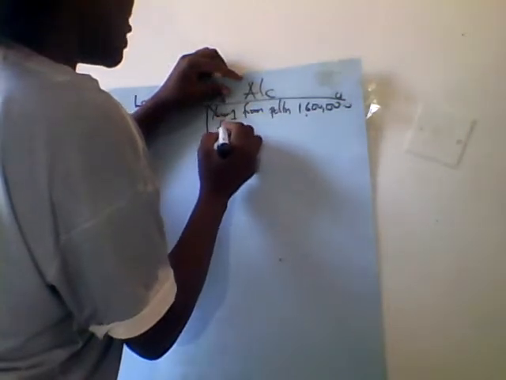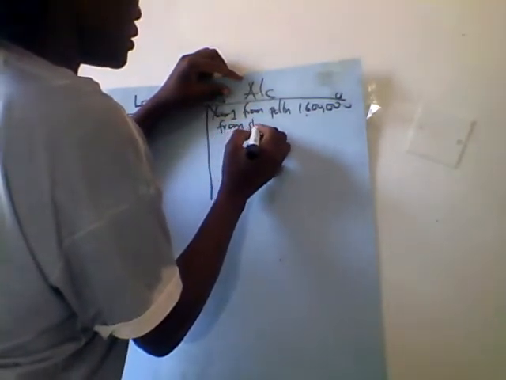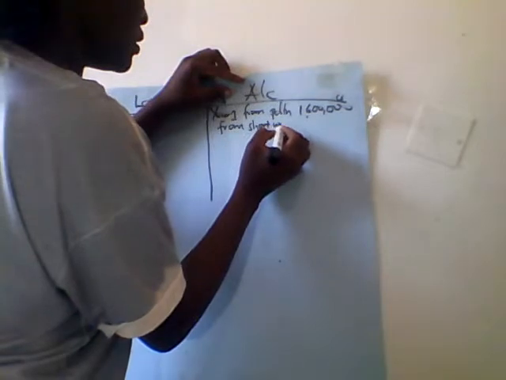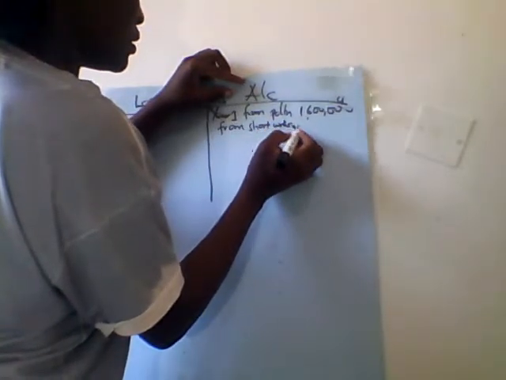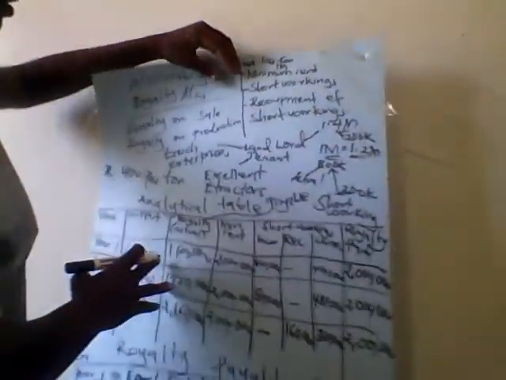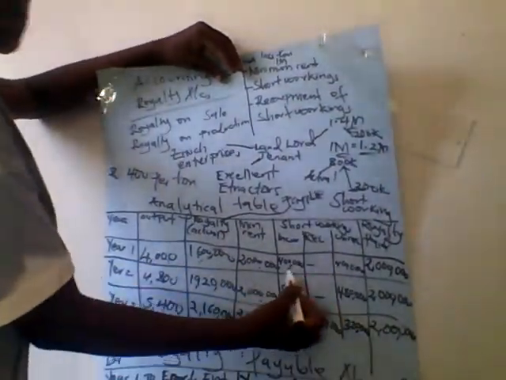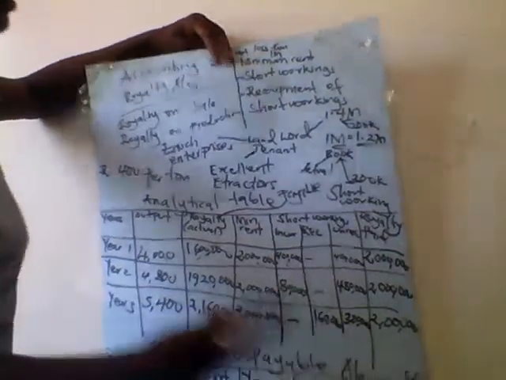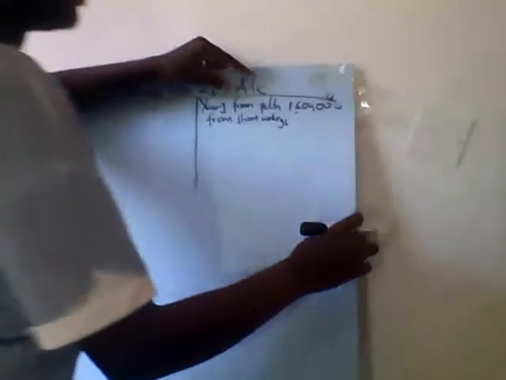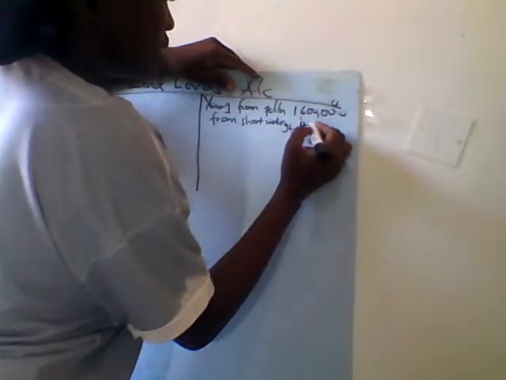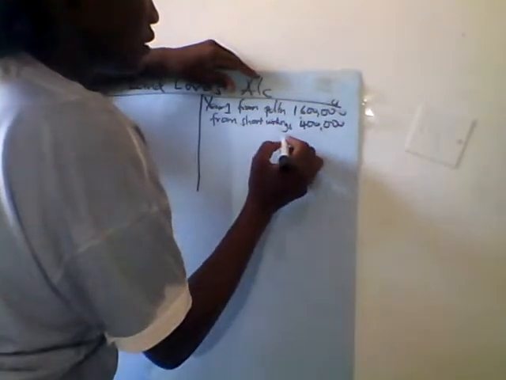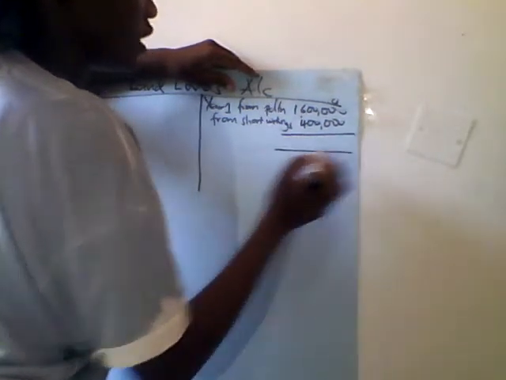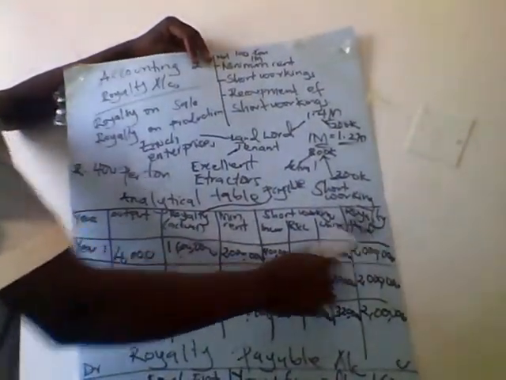Then from short workings, how much did we get from short working? This, the 400,000. And what was paid to the landlord is 2 million, the total.